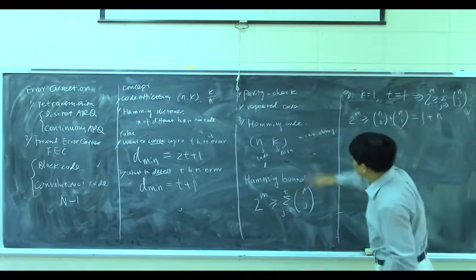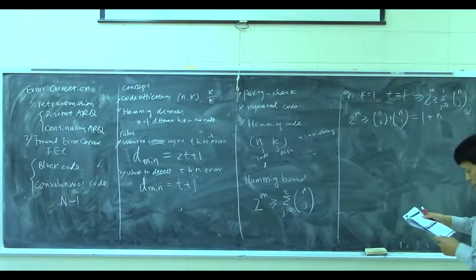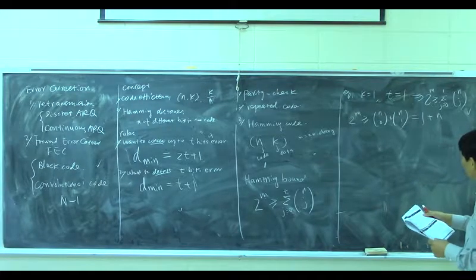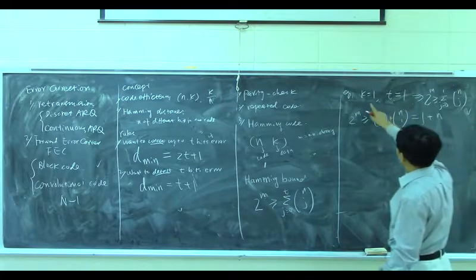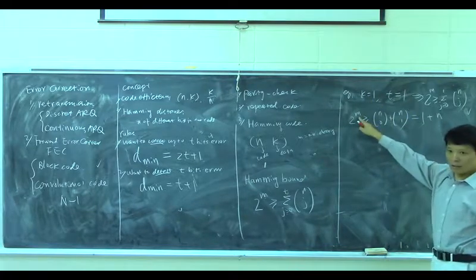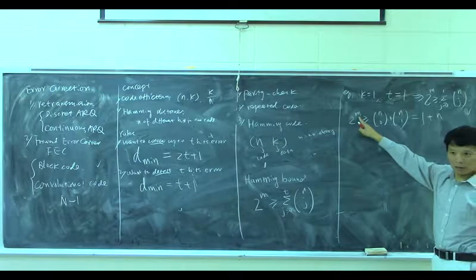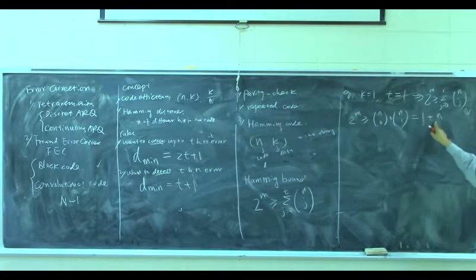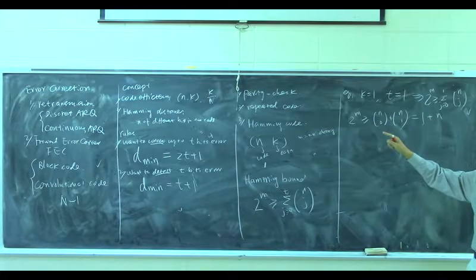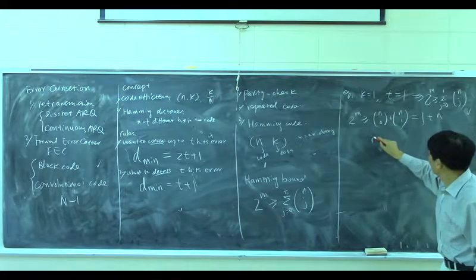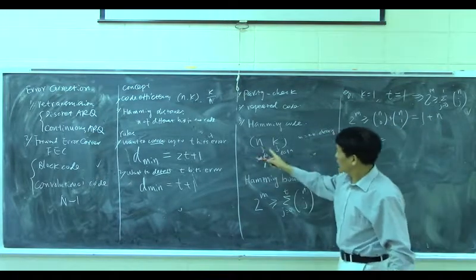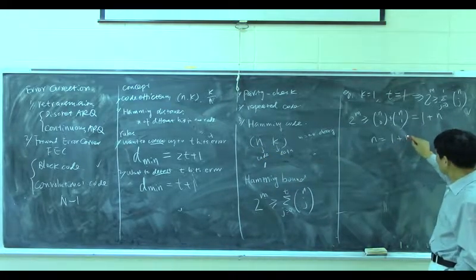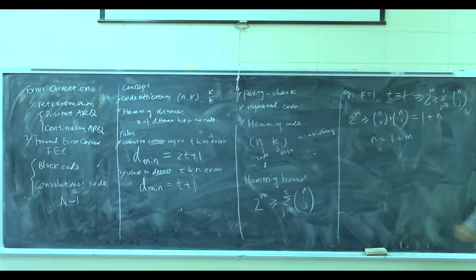Alright, now, what is m? m equals n minus k, right? So let's see, we solve for n. The m is the number of checking bits, k is the data, and n is the code. So n equals m plus 1, because n is the code, k is the data, and the number of checking bits is m.